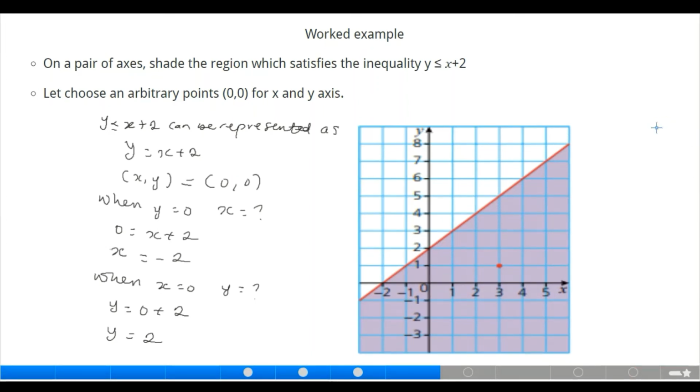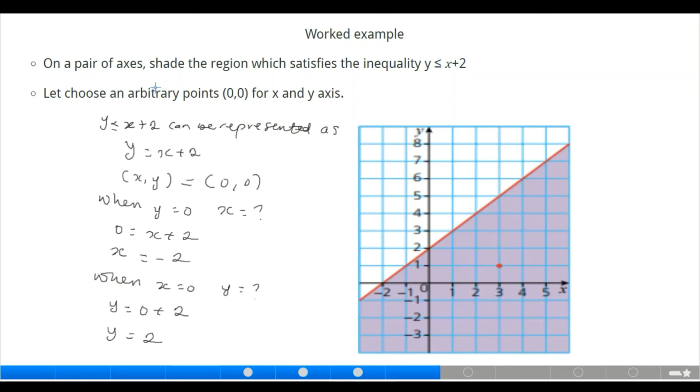So we want to get our x axis and our y axis, and we then plot on the graph. Now if we want to do this, we need to pick an arbitrary point of 0 for x and 0 for y, so that we can get a solution for y and we can get a solution also for x. So if you place an arbitrary value, then our less than or equals to sign changes to equals to, so that we can solve as a normal equation.